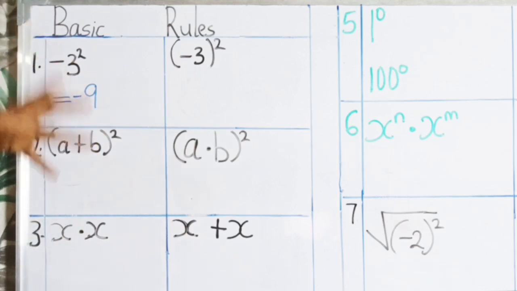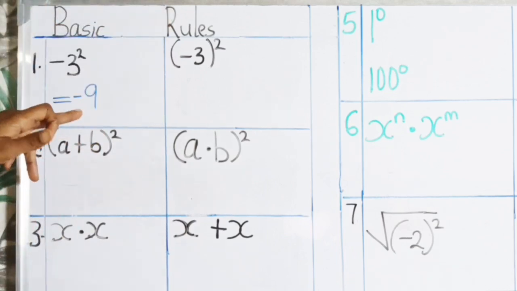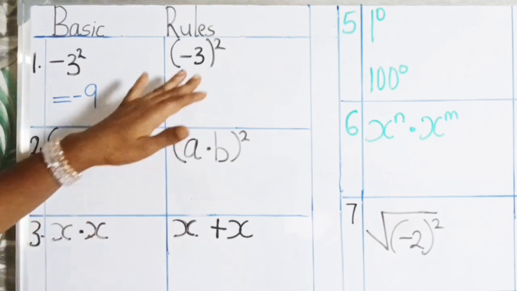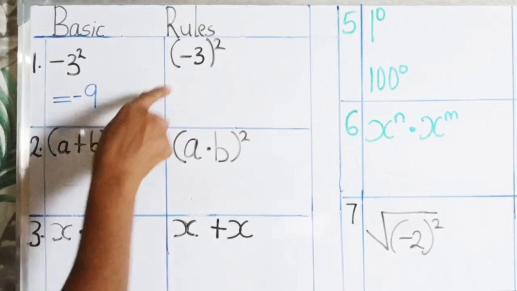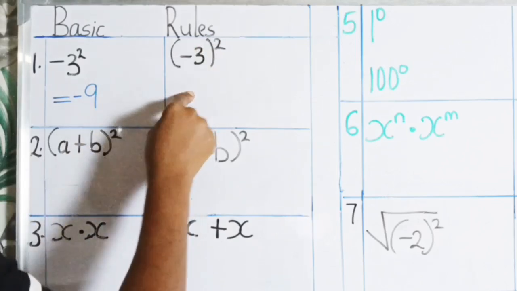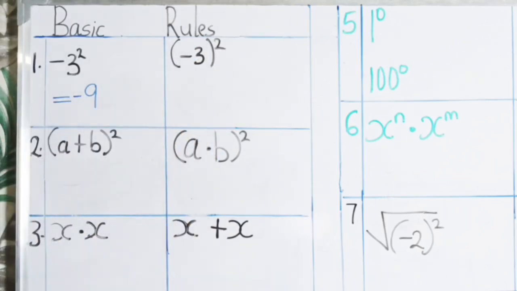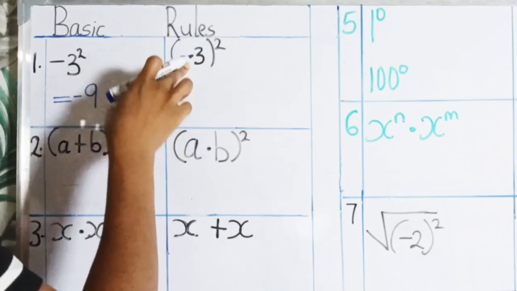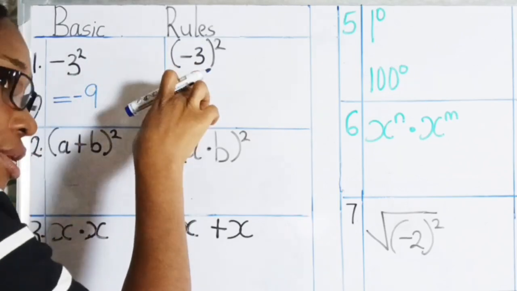Remember, 3 squared is the same thing as 3 times 3, which is 9. Then you bring down your minus sign. Okay. Now, in this case, we have minus 3 in a bracket, and then there is a square. This square affects both the minus sign and the number 3.